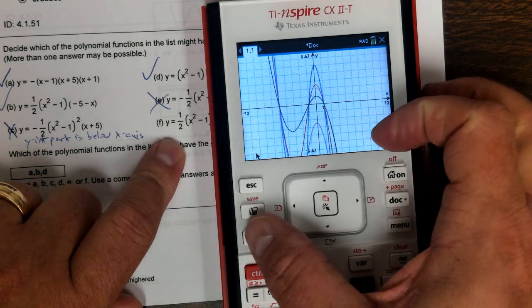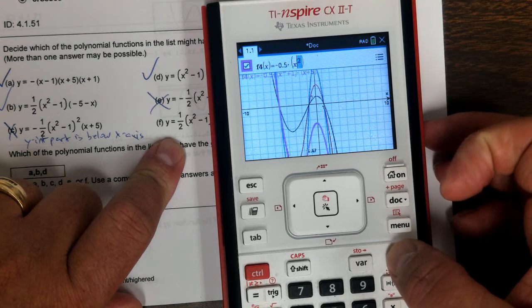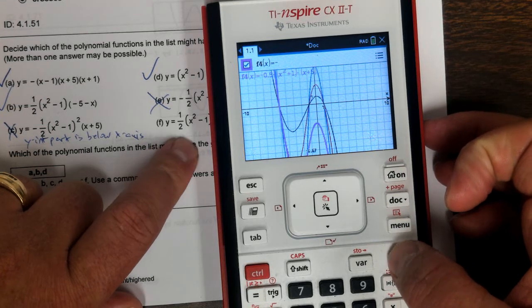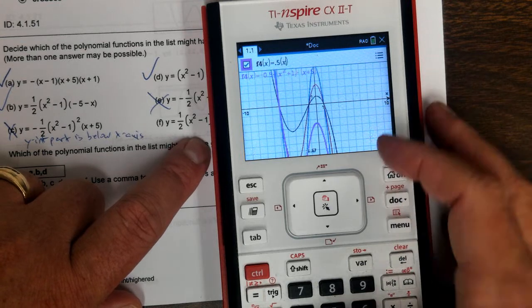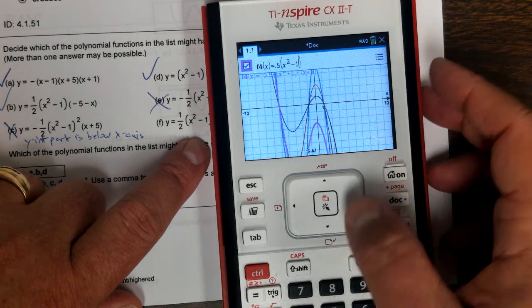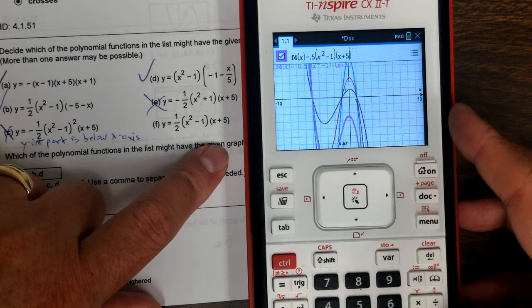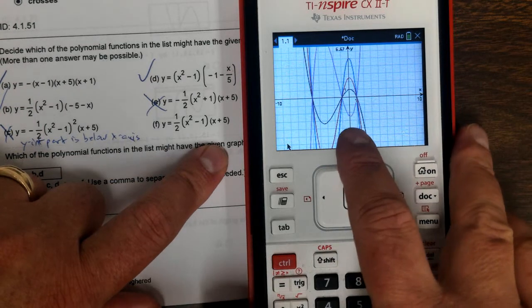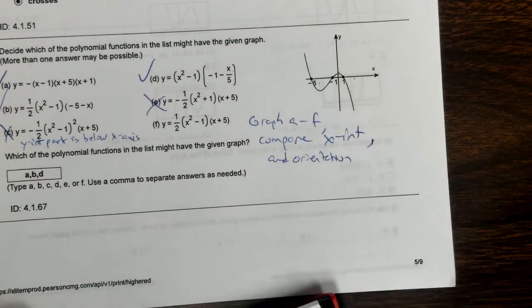And then if I go to F, half, and then x squared minus 1, and then x plus 5. Again, it's too low, so that's the problem.